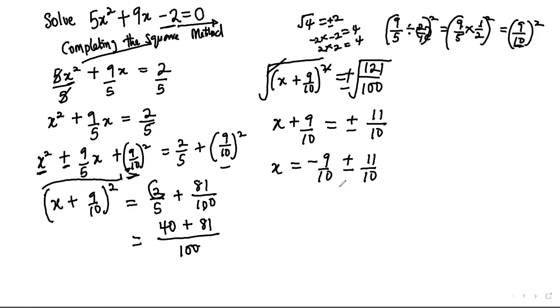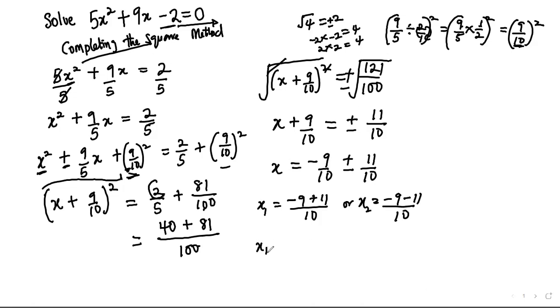Now they have the same denominator, so you can go ahead and split it up. So you have x1 is equal to minus 9 plus 11 over 10, or x2 will be minus 9 minus 11 over 10.